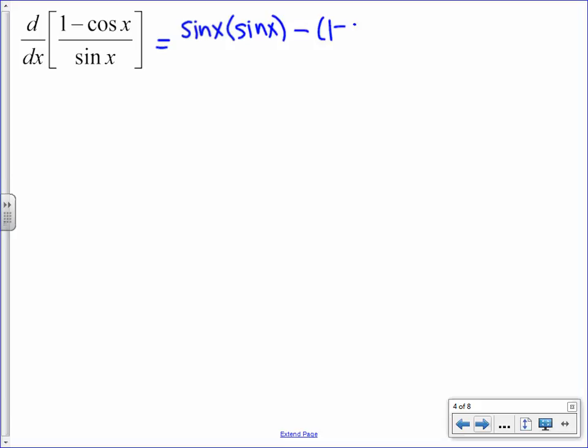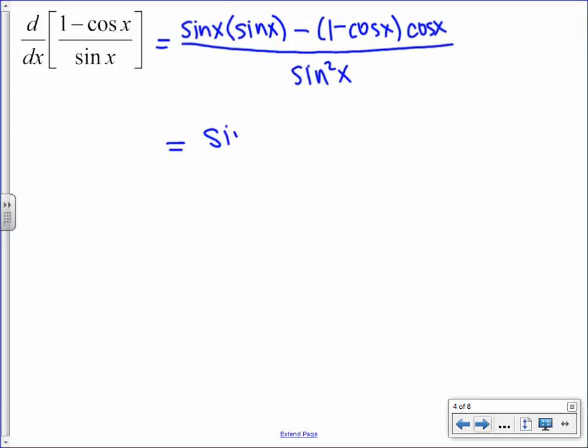Minus high times d low, the derivative of the denominator, all over low squared. I would not want you to stop here. I would want you to multiply a little bit so you can combine like terms. So what we have is sine squared minus cosine plus cosine squared.